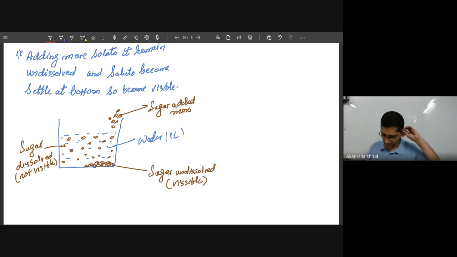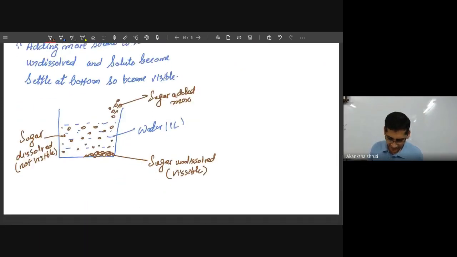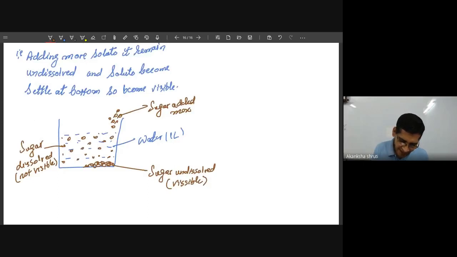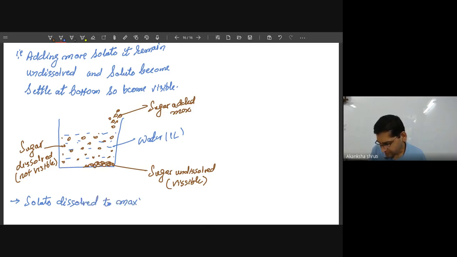In this situation, the solute is present at its maximum limit, meaning the solute has dissolved to the maximum limit.